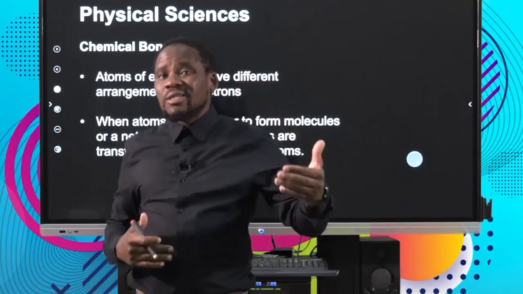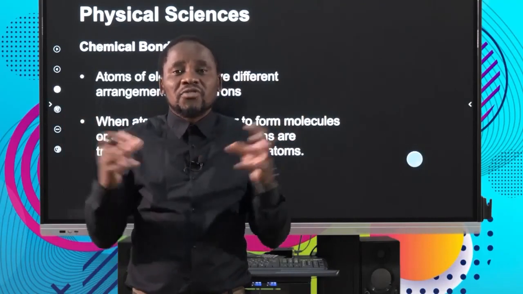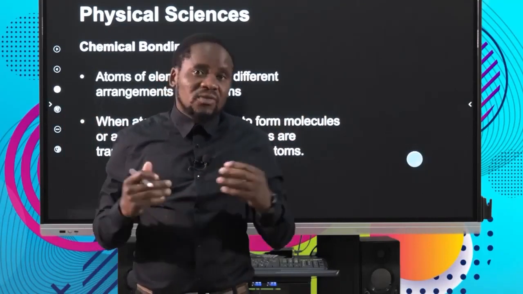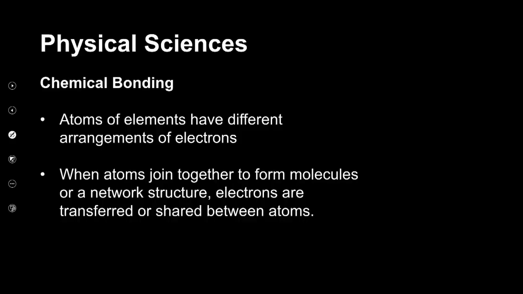So that knowledge that we have, we need now to bring forward and see how it fits into the bigger picture in as far as oxidation numbers are concerned. Right. So we are saying that when atoms join together during bonding to form molecules or a network structure, right, molecules via covalent bonding, and network structures, or crystal lattices, for ionic substances, electrons are actually transferred or shared.